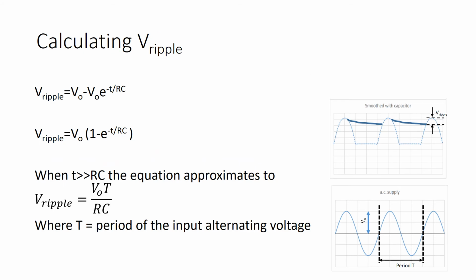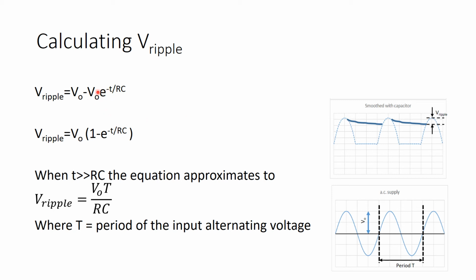Okay. So if we want to know what this ripple voltage is, well, ultimately it's going to be V0. Remember, that was our peak voltage from this particular diagram down here. V0 minus however much the capacitor has discharged during the time T between the voltage falling and the point here.